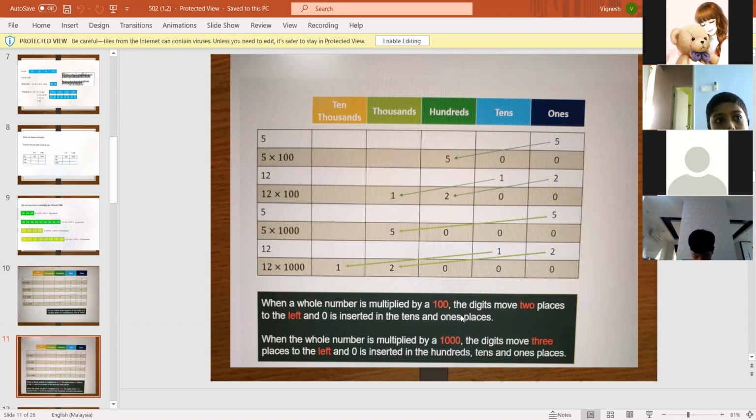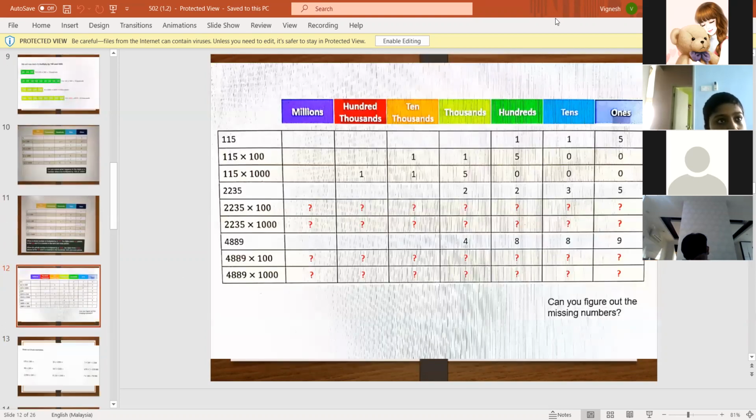When you multiply a whole number by 1,000, the digits move 3 places to the left, and you need to insert zeros in the hundreds, tens, and ones place. Please remember this, because in your exam, I won't be giving this kind of table, only for exercises or worksheets. Understand or not?